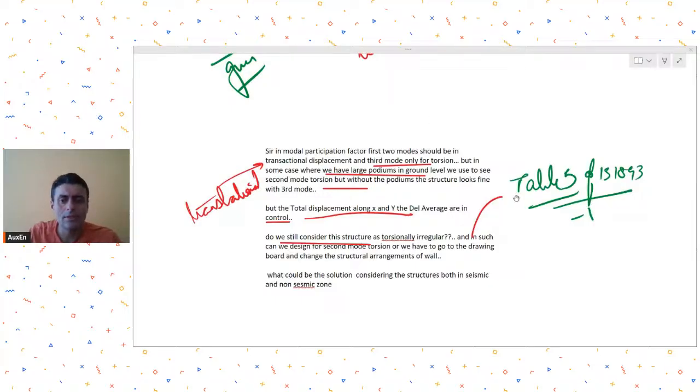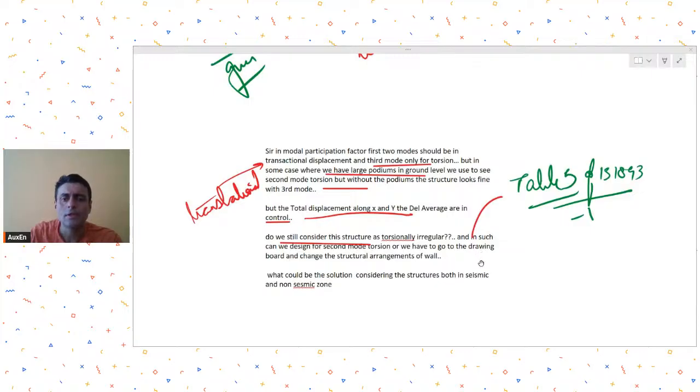Okay, I'll just paste the screenshot over here from table 5, and we shall see what's happening. So in my opinion, we have made this issue unnecessarily complicated, whereas it's not such a complicated issue.